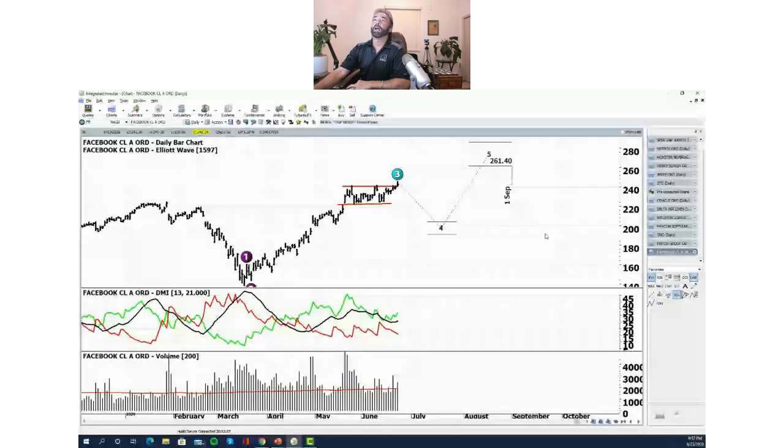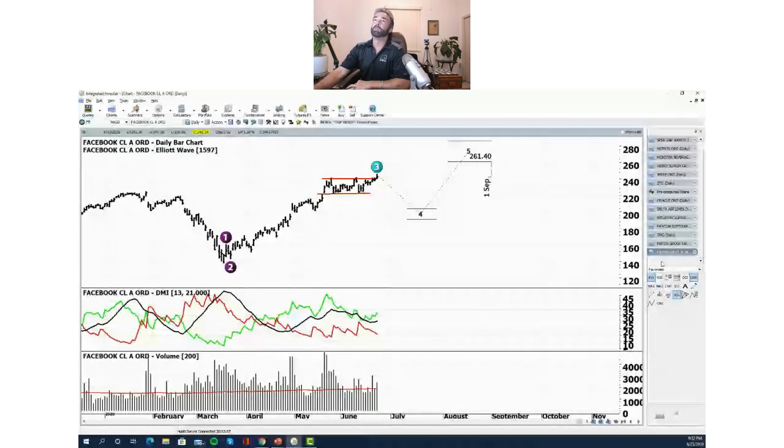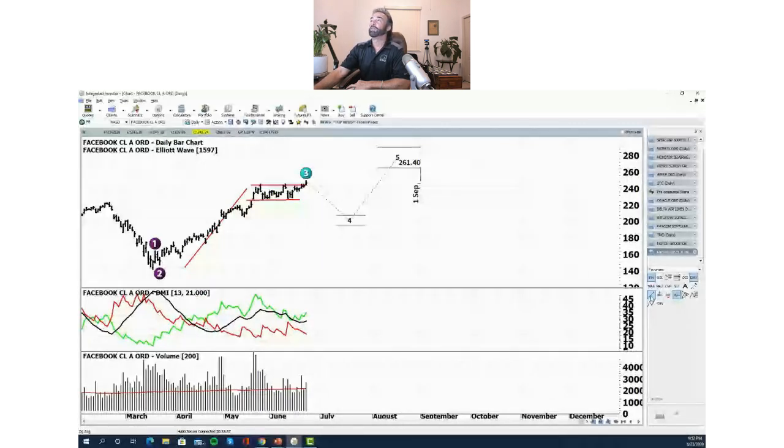Somebody asked a question about whether this is a flag pattern. Some people view this as a flag where you have the mast, the pole, and then it goes sideways. I tend to view a pattern like this, where I really love this symmetrical triangle following a fairly vertical move up, as more of a flag style with a symmetrical triangle.